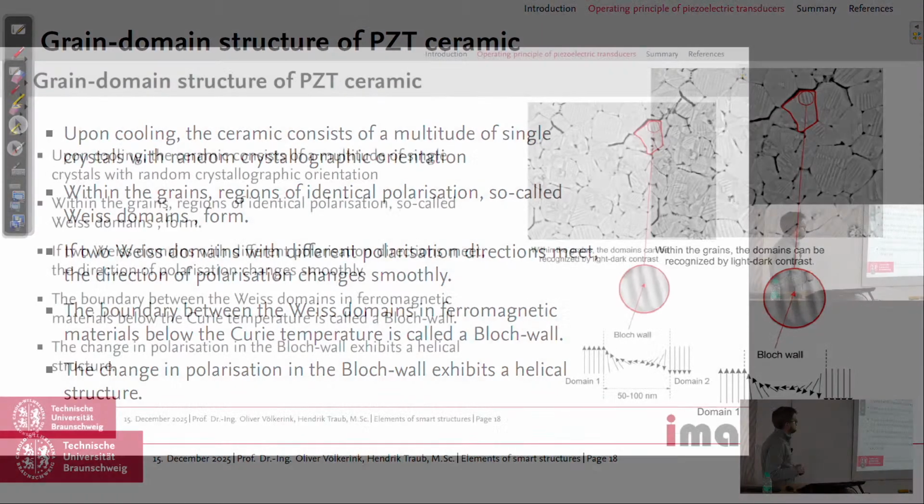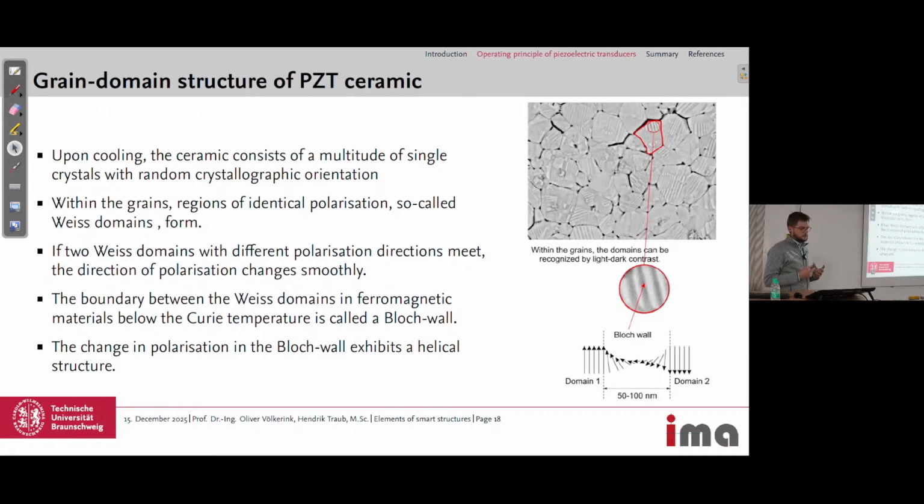So if we look at the grain domain structure of this lead zirconate titanate ceramic, upon cooling, the ceramic consists of multiple single crystals with random crystallographic orientation. You can see the crystals here with the black borders in this microsection.